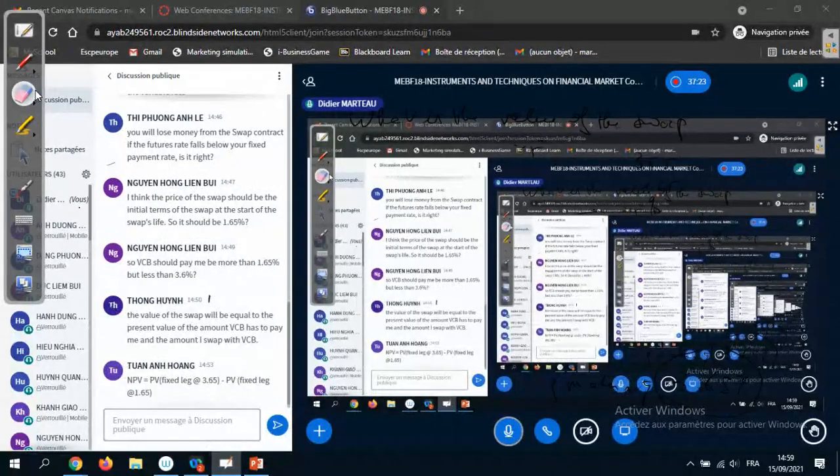Look at NPV, which is the market value of the swap. I agree. Is the present value, I like that, present value of fixed rate minus present value of... Okay. Do you think it's a good answer?